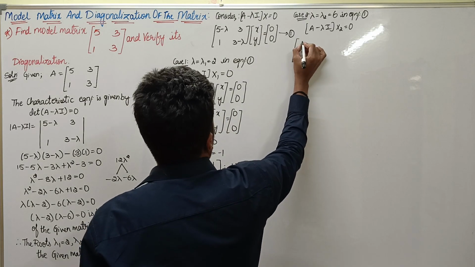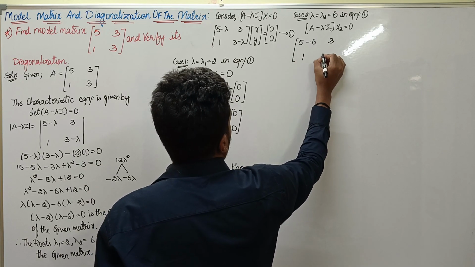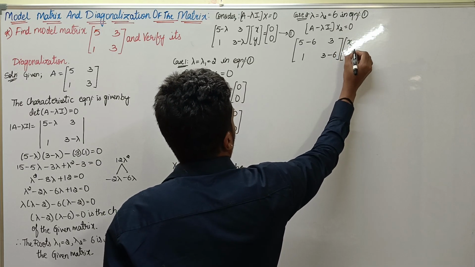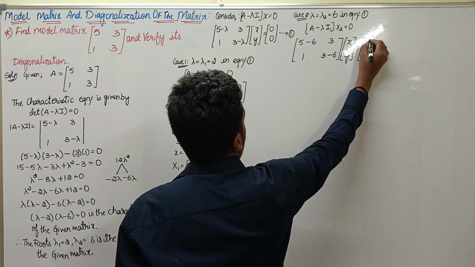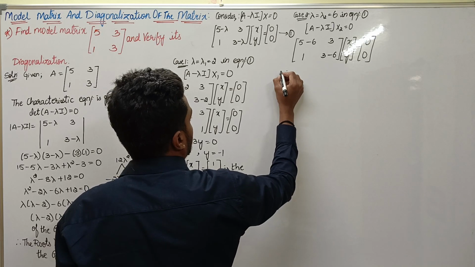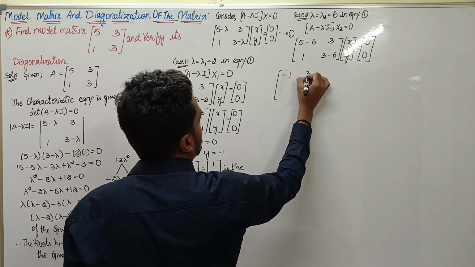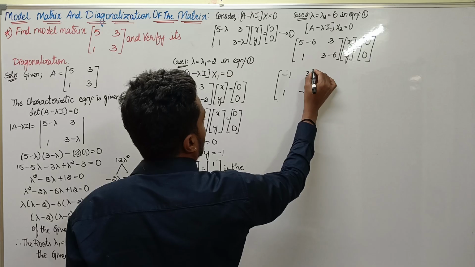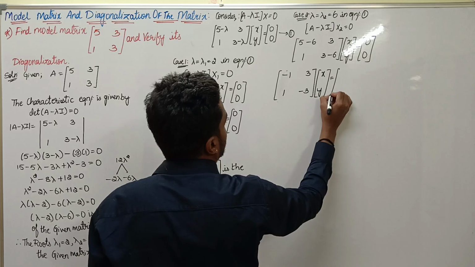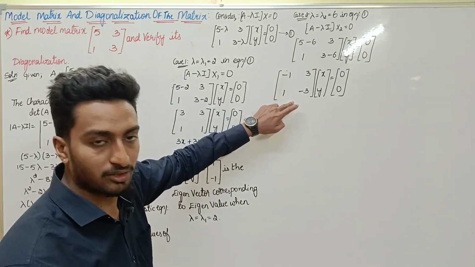That is 5 minus 6, 3, 1, 3 minus 6, into x, y, equal to 0, 0. Simplifying, we get minus 1, 3, 1, minus 3 into x, y equal to 0, 0.